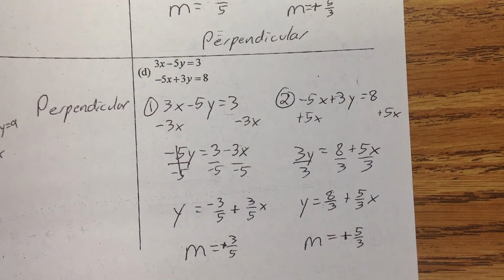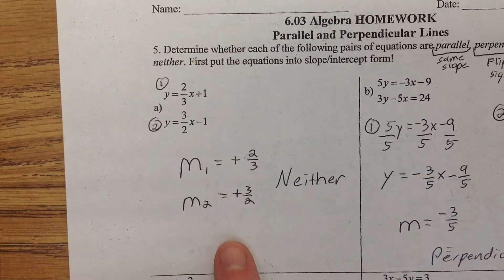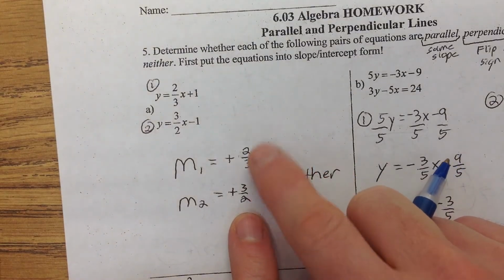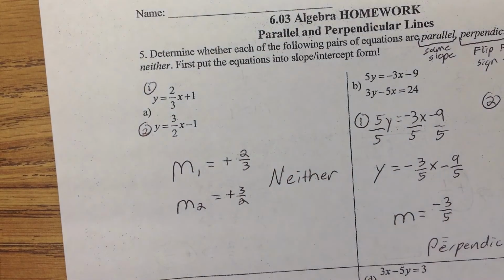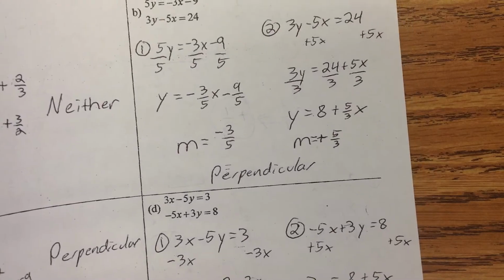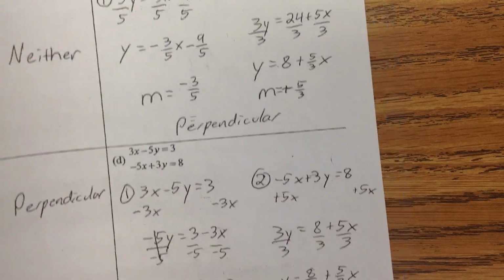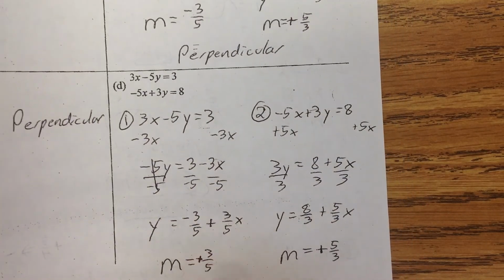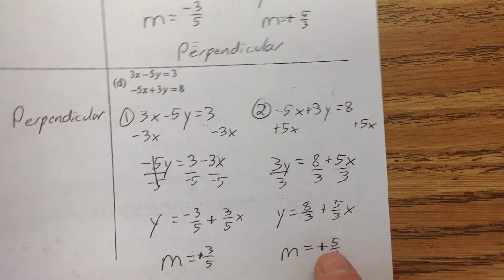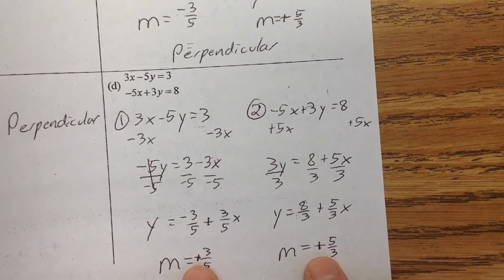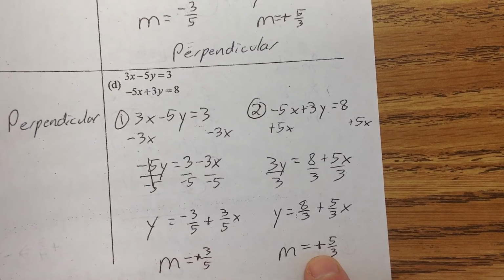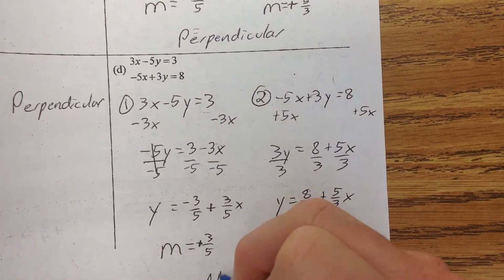All right, so again, if we look at this, this is kind of like A, where yes, the fractions were flipped, 2/3, 3/2. Here again, our fractions are flipped. We have a 3/5 and we have a 5/3, but both of these are positive, which means our signs were not flipped, and since our signs were not flipped, this is going to be another neither.